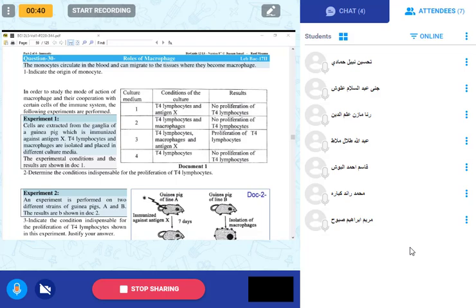Look at the experiments and tell me. What are the conditions needed for the T4 to multiply?